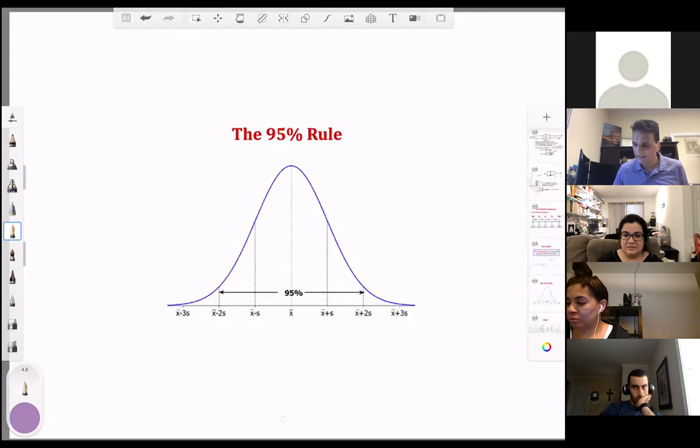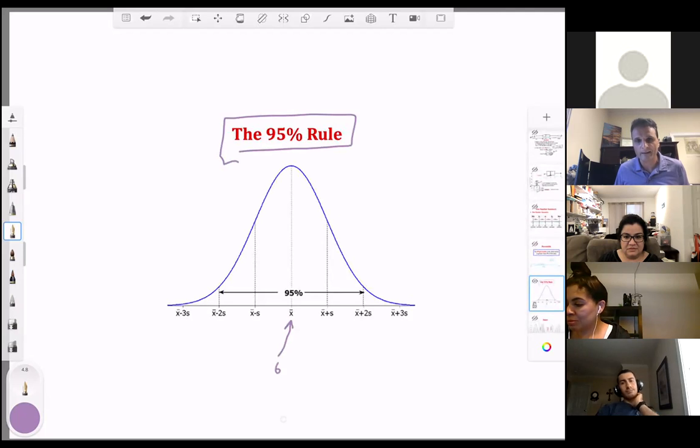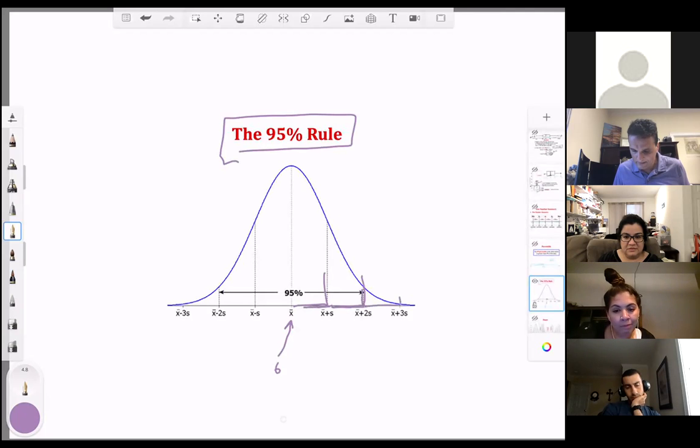Okay, in this slide, the 95% rule. This is the mean. When you find the mean, we calculated it to be 6, correct? Then we had a bar here, another bar here, another bar here. This much is X bar plus a standard deviation. We had 6, we picked 2.